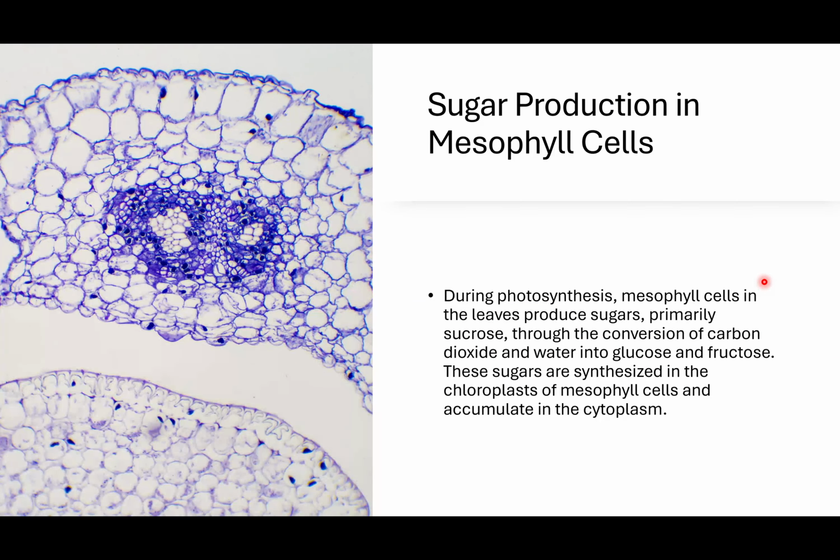So we know that photosystem 1, photosystem 2 do all of its electron excitation, and the NADPH goes into the stroma, and we have Rubisco championing all this photosynthesis. When the sugars are now produced via photosynthesis, we're going to have accumulation of these sugars in the chloroplast of the mesophyll cells, and in the cytoplasm specifically.